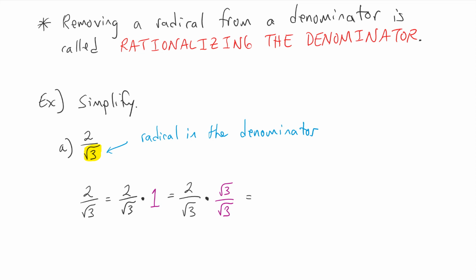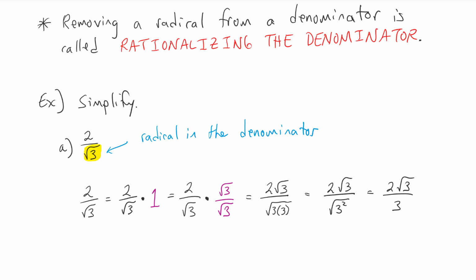So we're going to multiply these two fractions together. So we're going to do top times top, and then we're going to do bottom times bottom. And we get 2 times the principal square root of 3 over the principal square root of 3 squared.